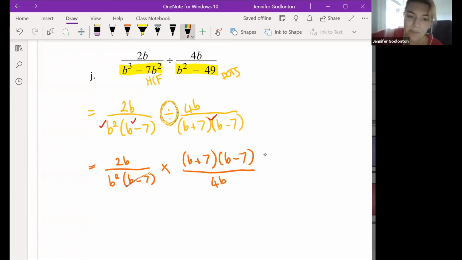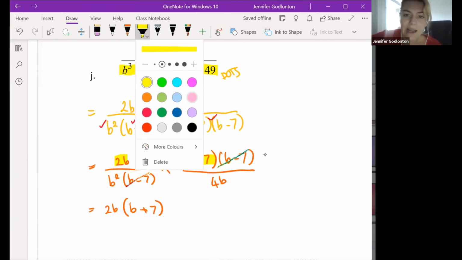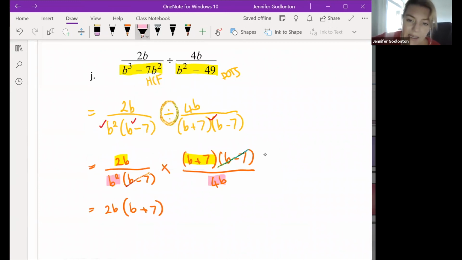Okay, that b minus 7 is going to cancel with that b minus 7. So our numerator, we've got 2b times b plus 7. And our denominator, we've got b squared times 4b, which is going to be 4b cubed.